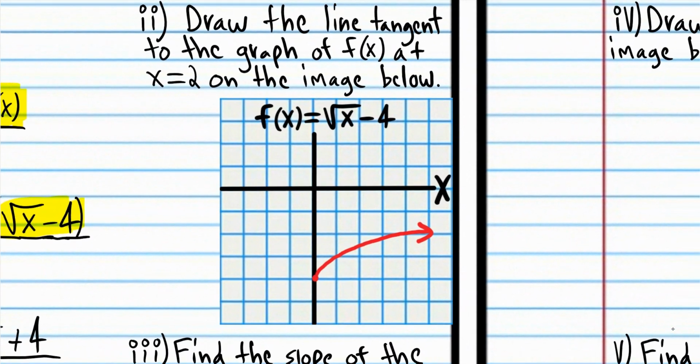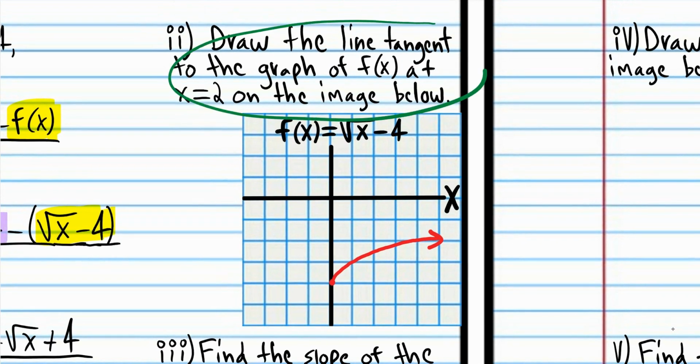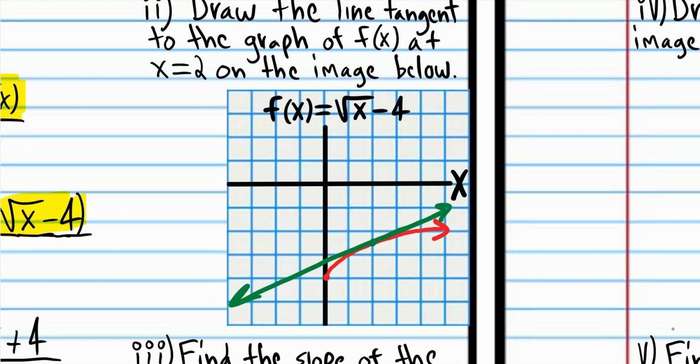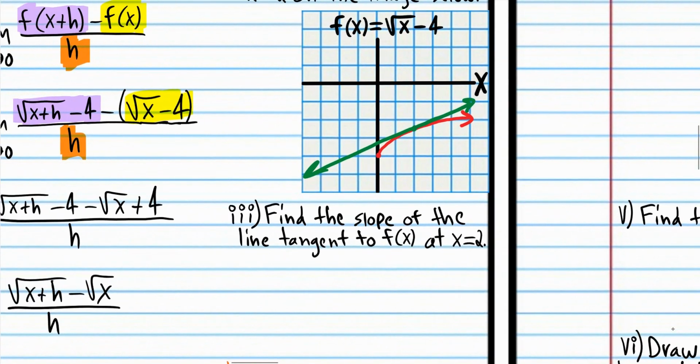It says here, draw the line tangent to the graph of f of x at x equals 2. So I'm going to move out 1, 2 units and find the corresponding point on the graph. Then I'm going to draw the line that is tangent to the graph at that point. And what we're going to do is find the slope of that green line. That's very easy because we found the derivative function.